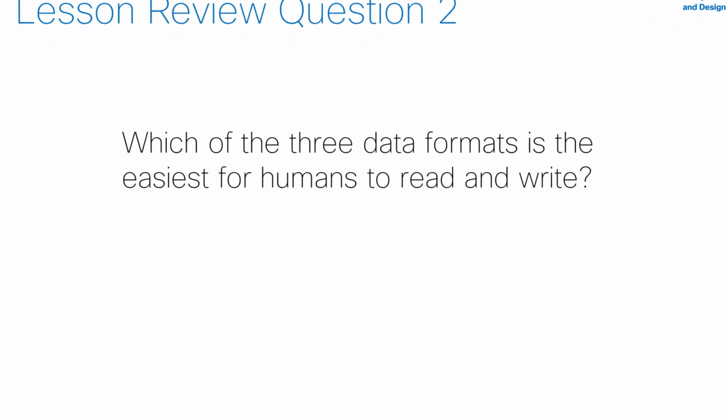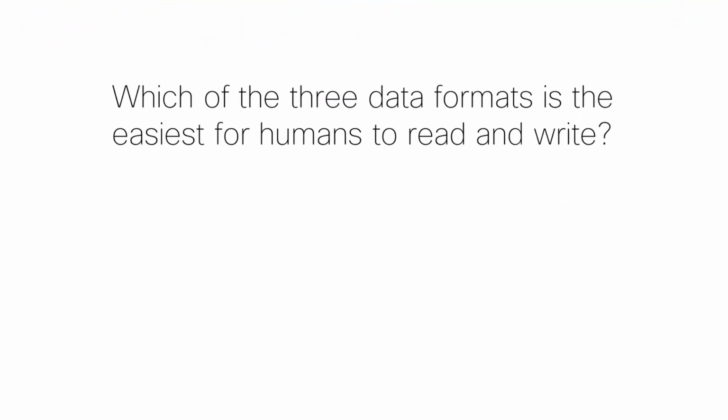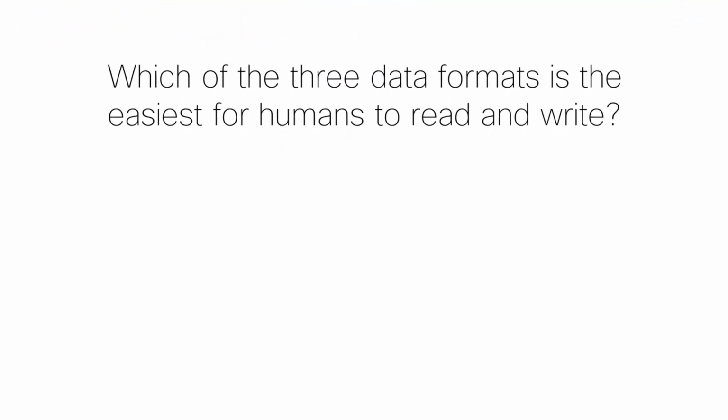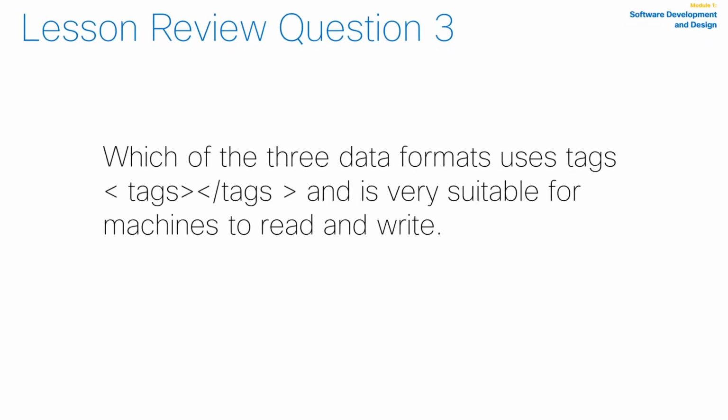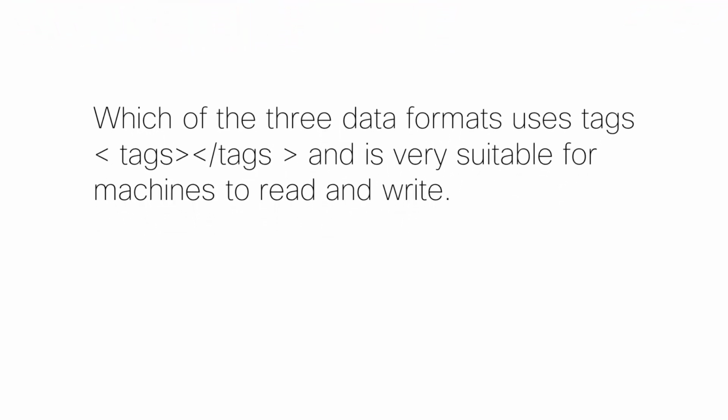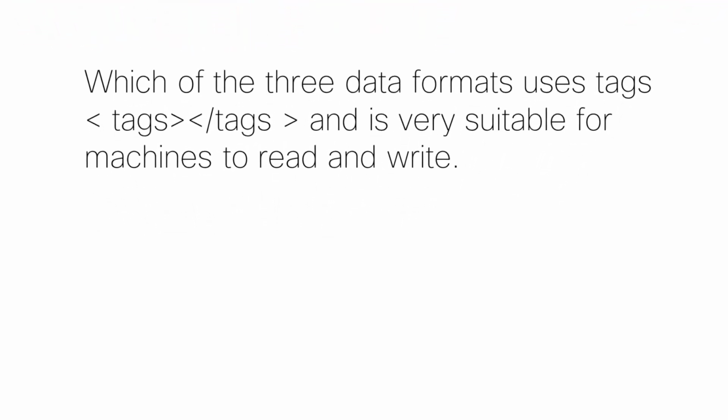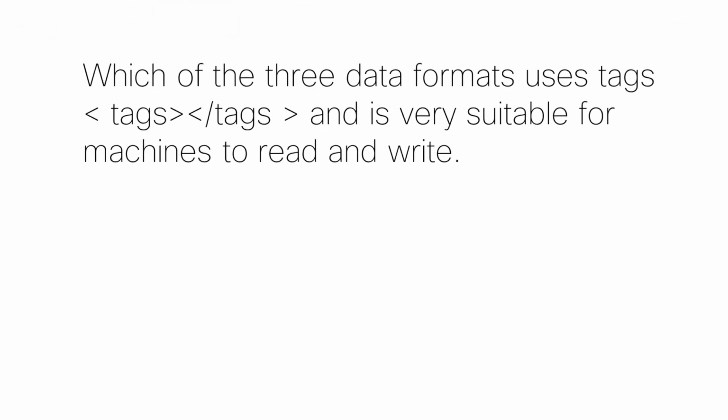Which of the three data formats is the easiest for humans to read and write? If your answer is YAML, then you got it right. Which of the three data formats uses tags and is very suitable for machines to read and write? If your answer is XML, then you got it right.